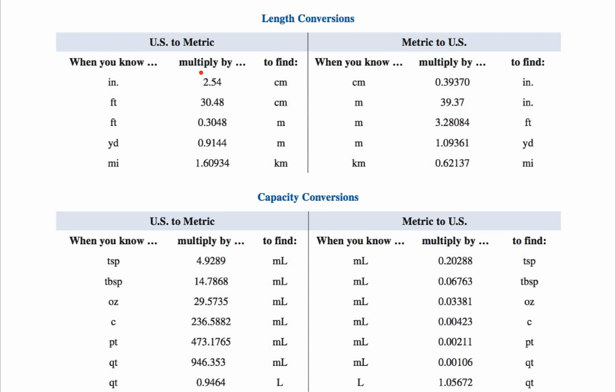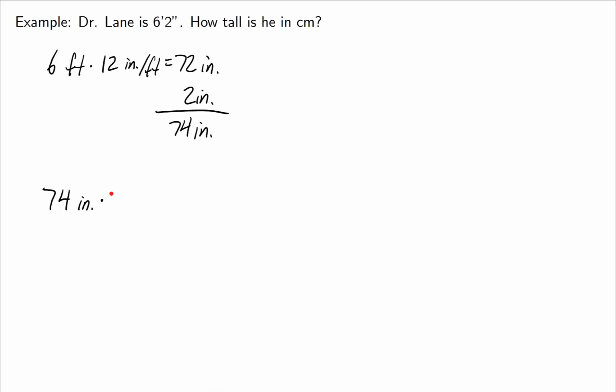An inch is actually defined to be 2.54 centimeters, so it actually fits in with the metric system that way. Going back here, we will multiply by 2.54 centimeters in 1 inch, and that'll give me my height in centimeters. I get 187.96, so I'm going to round that up to 188 centimeters.